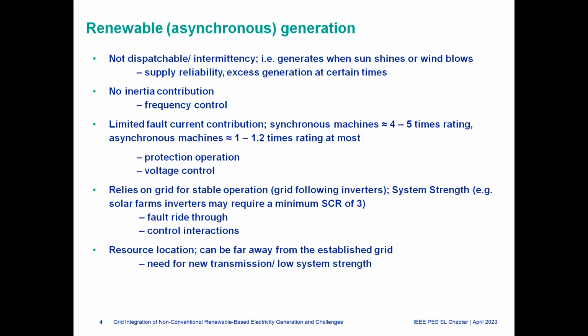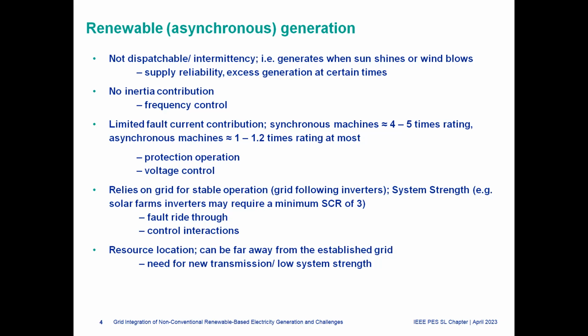And another issue is the resource location, because most of the established grid is near the load centers. For example, it's the same in Sri Lanka, near Colombo or near major towns, you have most of the major grid. But sometimes for solar farms and wind farms, the resource could be strong further away from the network.